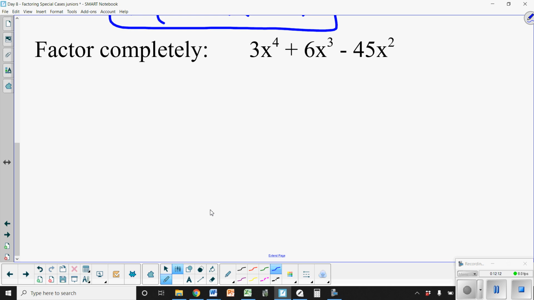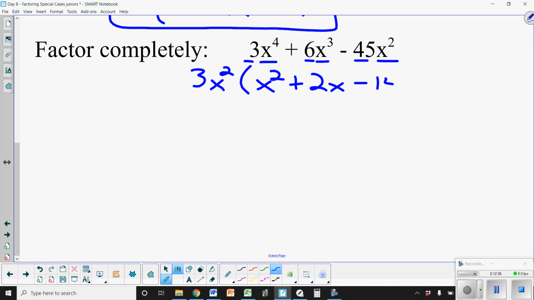Notice that we can take an x squared out of each thing because we have at least x squared. But notice that 3, 6, and 45 are all divisible by 3. So let's take out a 3 as well. If we divide everything by 3x squared, we're left with x squared plus 2x, and then 45 divided by 3 is actually -15.